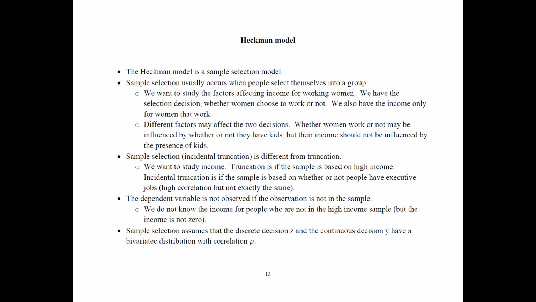The final model that we will consider here is called the Heckman sample selection model. Sample selection usually occurs when people select themselves into a group, and that typically happens with surveys.